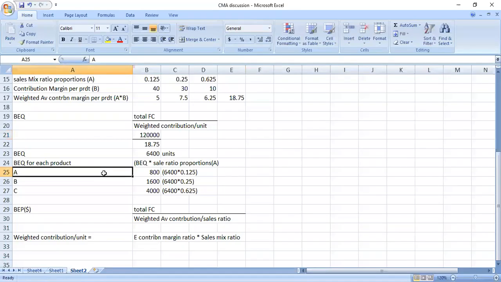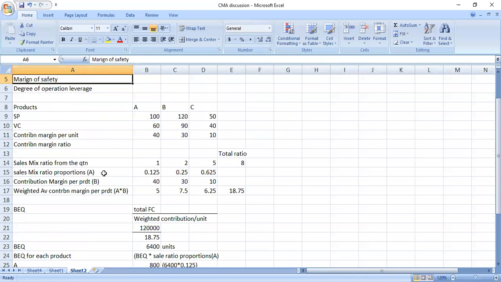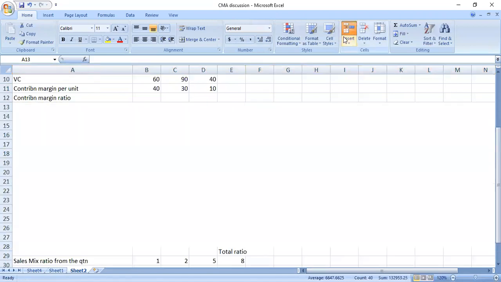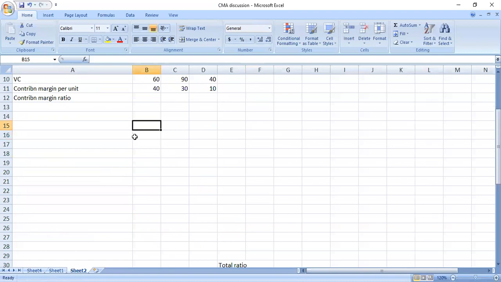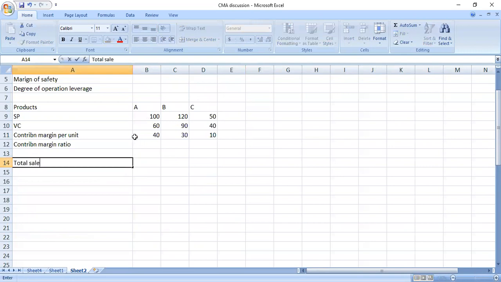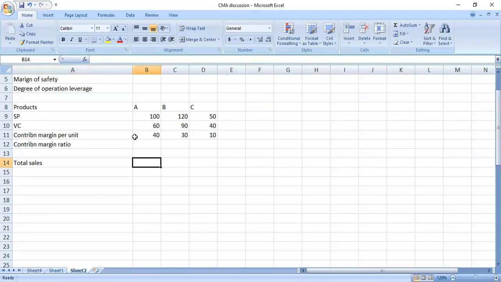To compute the total sales of each product, I'll get the total sales of all the products, A and B. The selling price for product A is given as 100.